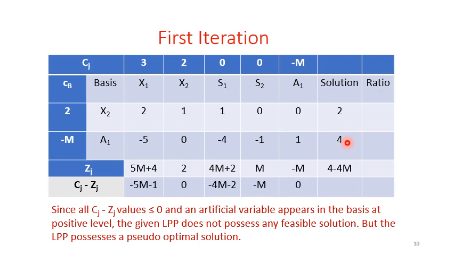In this particular problem, optimality is reached, but the solution is a pseudo optimal solution. So in the next session, we will again take up a minimization problem and apply the big M method and see how you get some more insights into the big M method. Thank you.